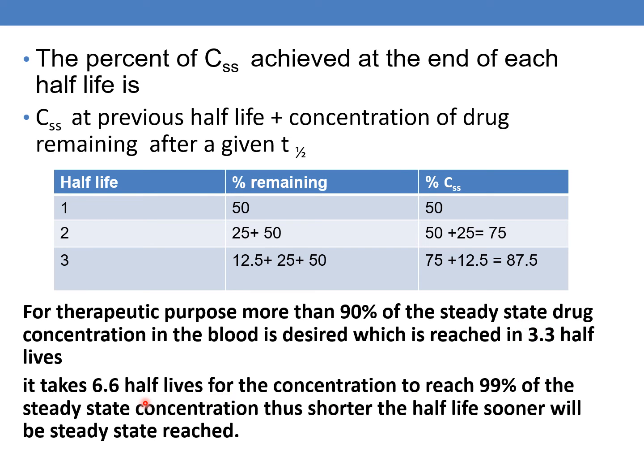And it takes 6.6 half-lives for the concentration to reach 99% of the steady state concentration. From this, we can conclude that the shorter the half-life, the sooner the steady state is reached, because the time required to reach the steady state concentration is dependent upon the half-life of the drug and not on the infusion rate.